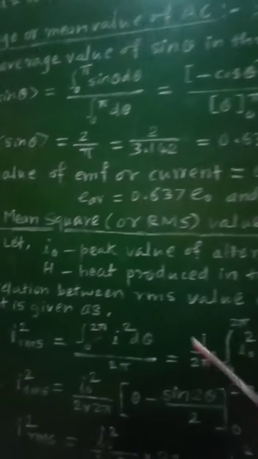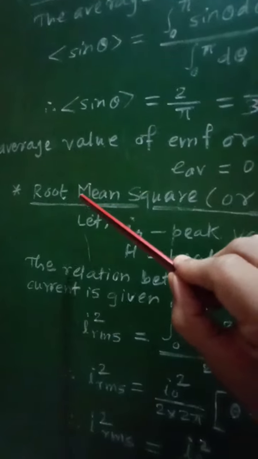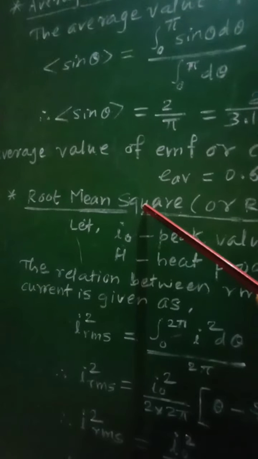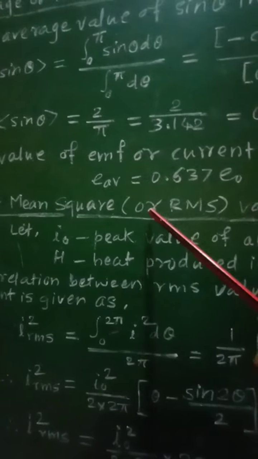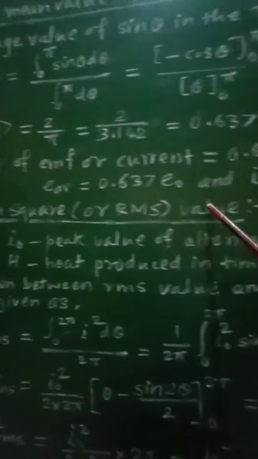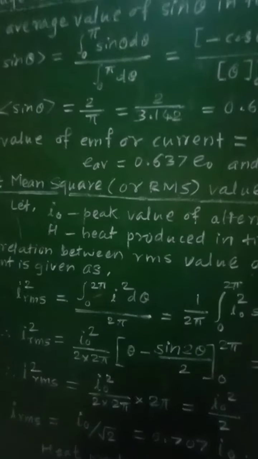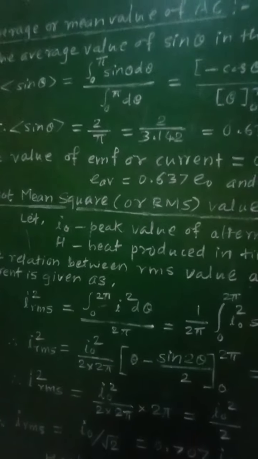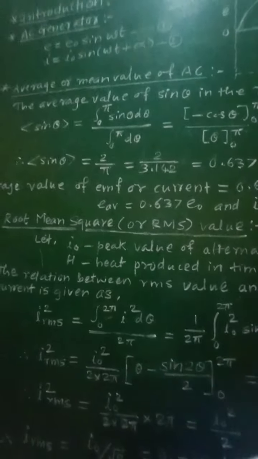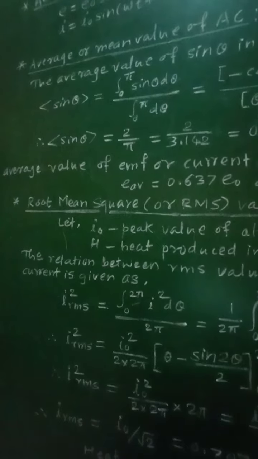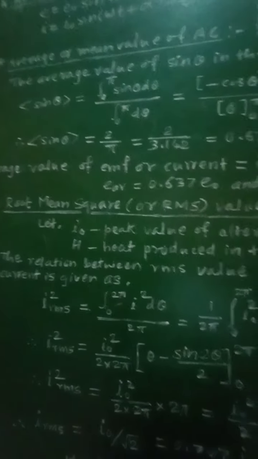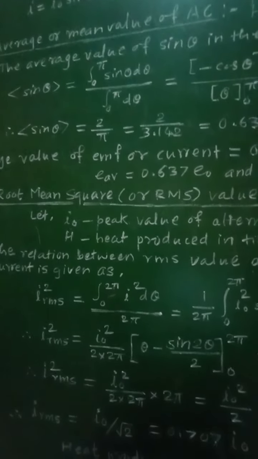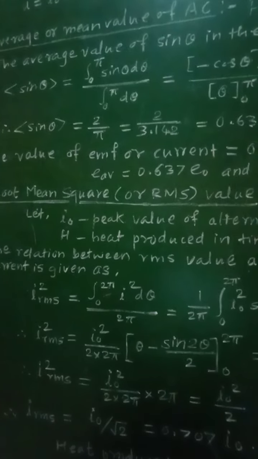Now let us see the next point, that is root mean square, or in short RMS value. The RMS value of current we will have to find. We know that the moving coil voltmeter or ammeter measures the average value of voltage or current.